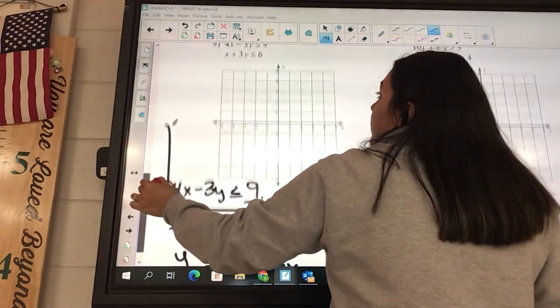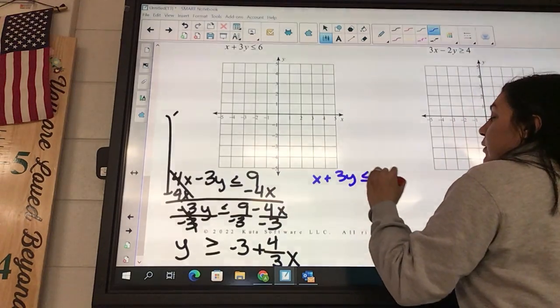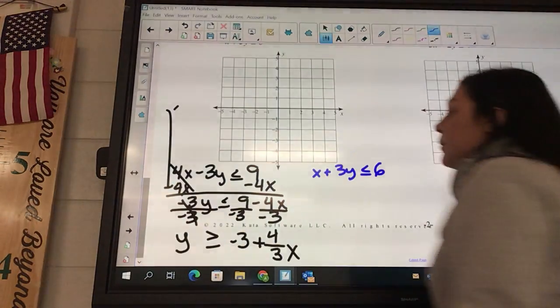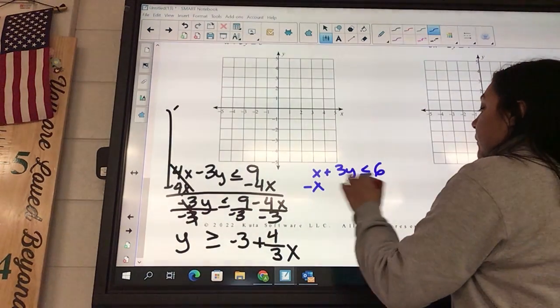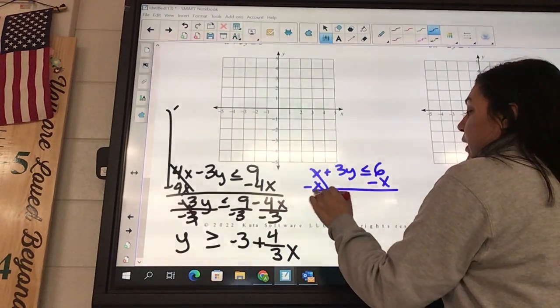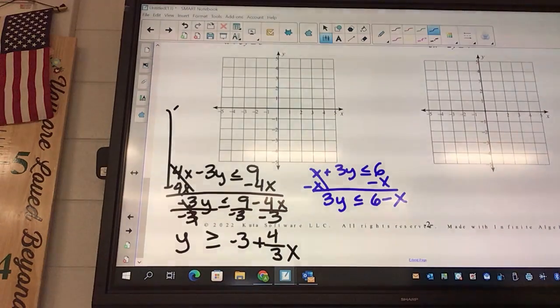Okay, the other equation looks like x plus 3y is less than or equal to 6. We're going to subtract the x's. So we got 3y is less than or equal to 6 minus x. What's your next step?